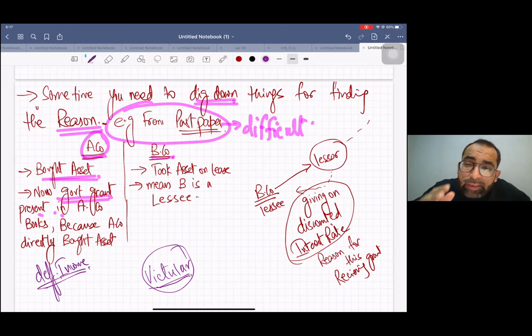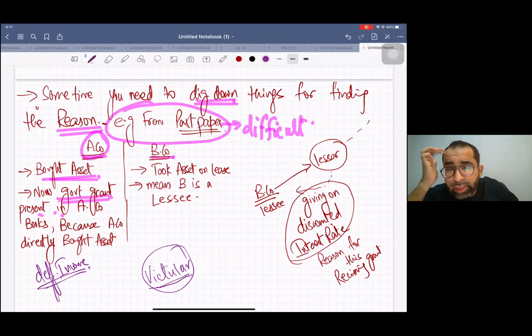A company believes in buying assets, and when A company buys the asset, let us say government has given the offer that whoever buys that asset, government will give that company a government grant. And what is the evidence? The evidence is in the balance sheet. In the balance sheet of A company, the deferred income liability of government grant is there.